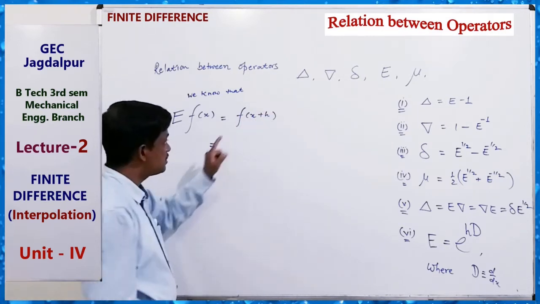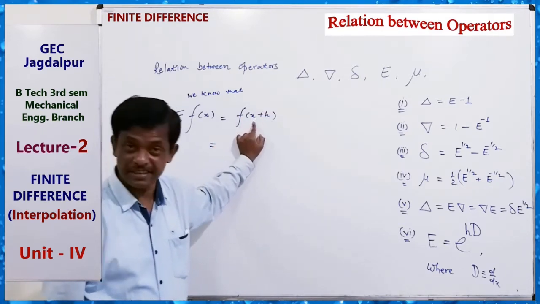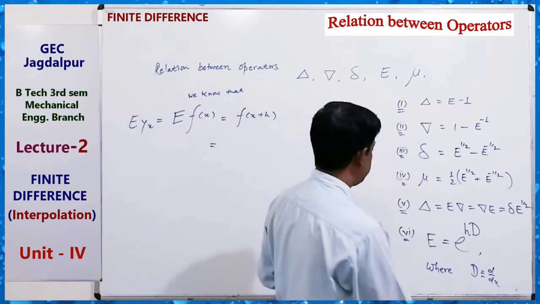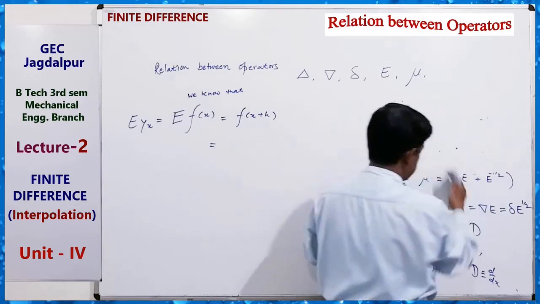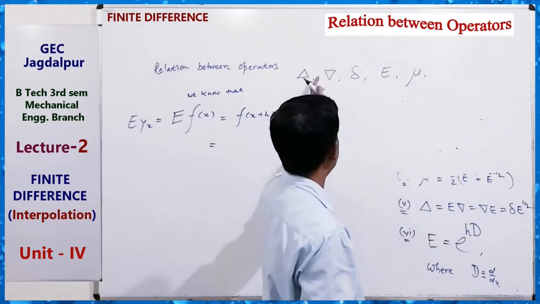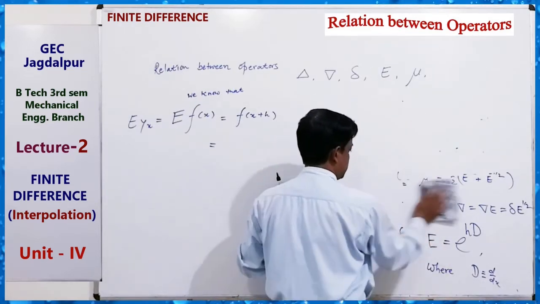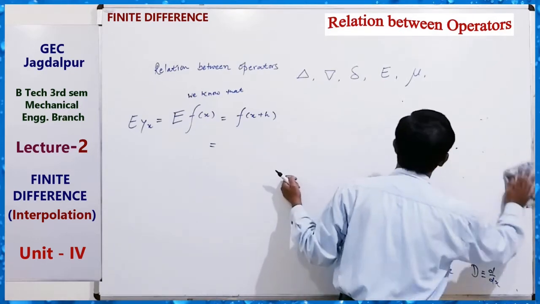Now this f(x plus h) can be written by Taylor series. These are the relations between operators. Now the last relation is here. Clear?